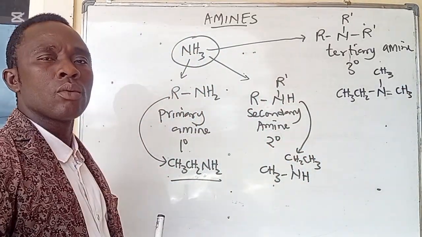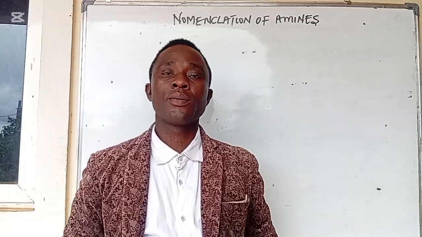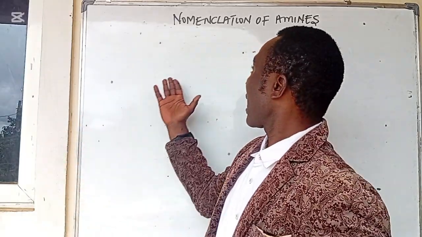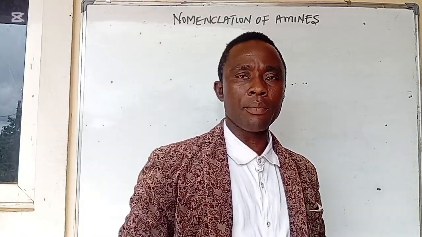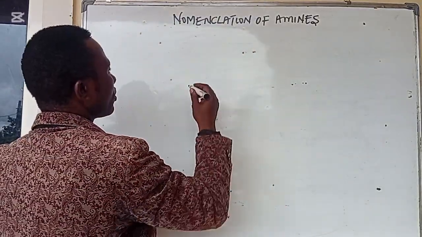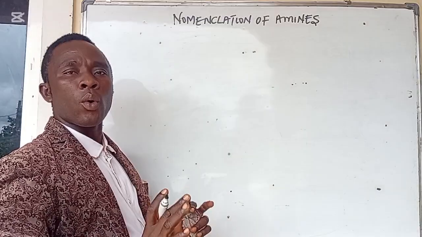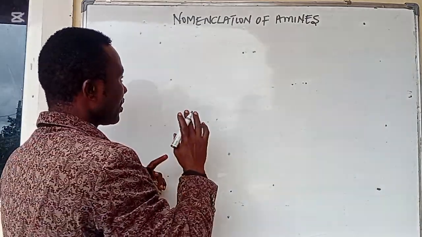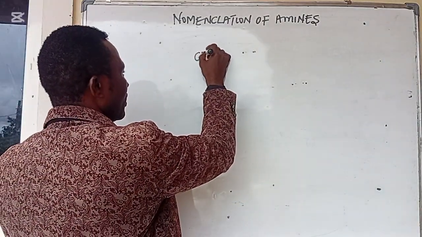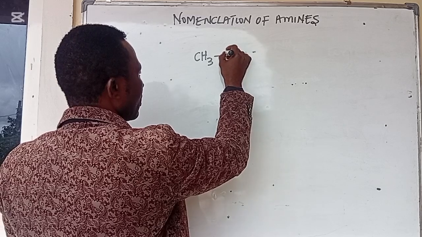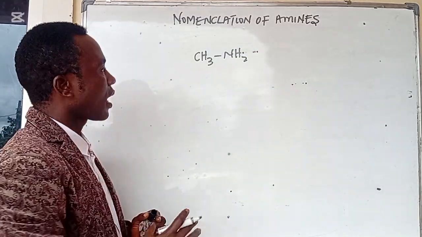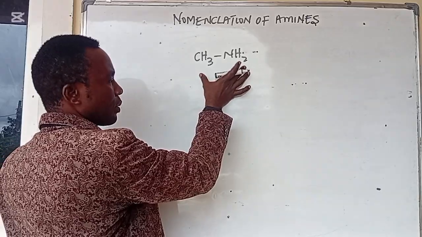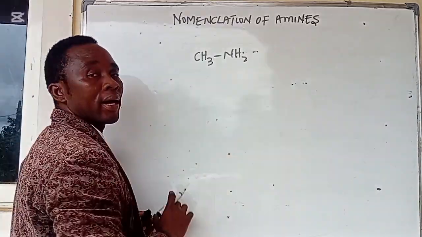Now, having known that, let us consider the nomenclature of amines. How do we name amines? Now, the simple amines can be named this way. Let's say we have CH3NH2. This is a simple primary amine.